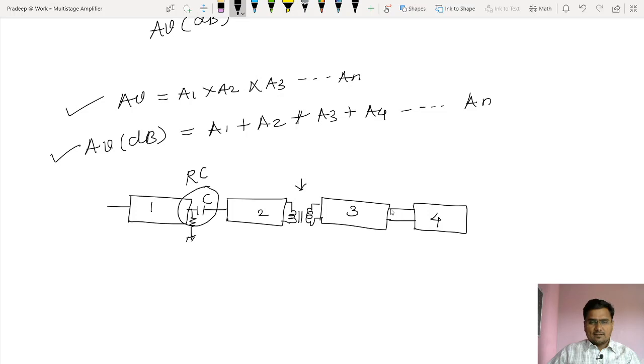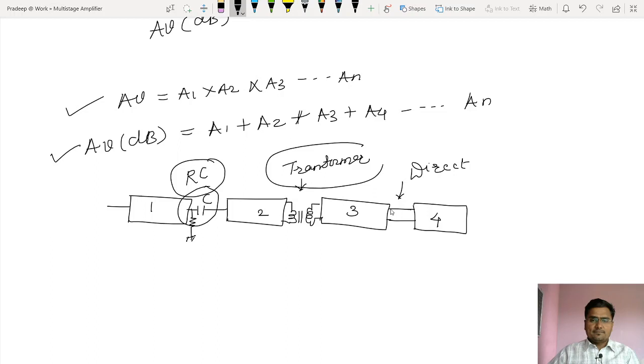Here I am using a transformer as a coupling component, and here I am not using any coupling component, so I will refer to it as direct. So the coupling of different stages to each other is done with different methods, and those methods we are going to discuss in this lecture.